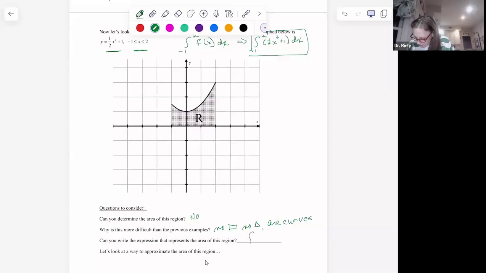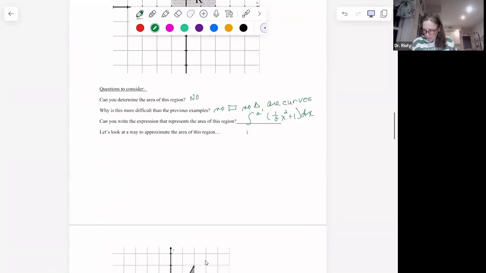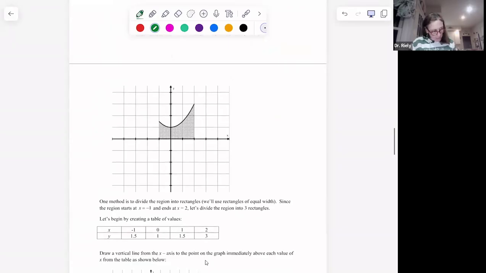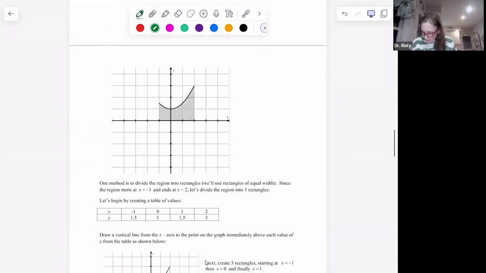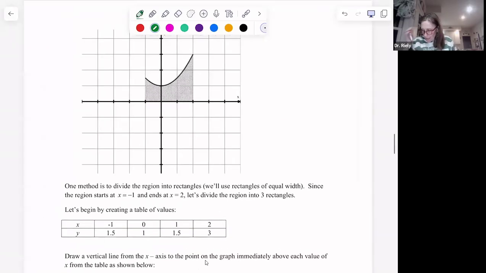That's going to be the integral from 1 to 2 of 1/2 x squared plus 1 dx. Okay, so I know what my equation is, but I have no way to answer it yet. So thus Riemann sums. Let's take this exact same equation, and what we're going to do is start dividing the region under the curve into rectangles.